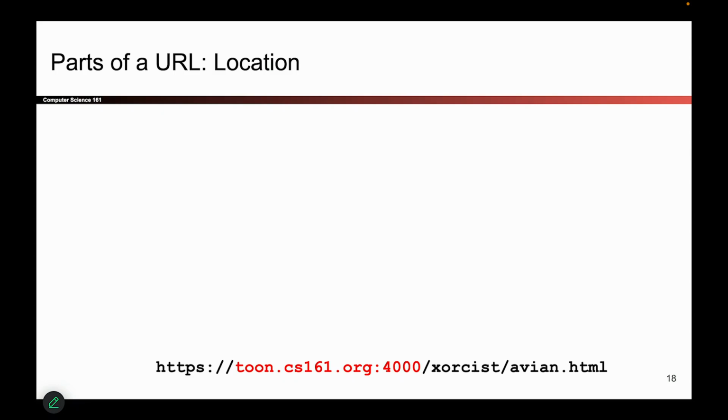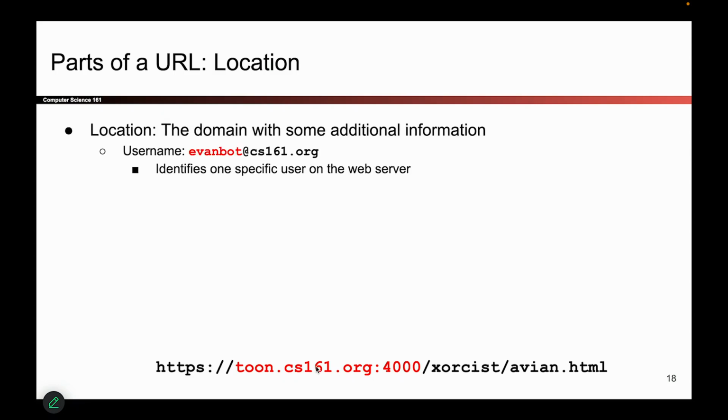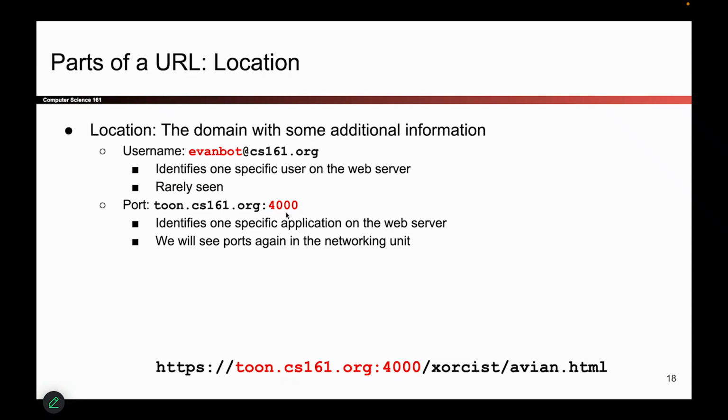Now, sometimes you will see some extra things show up here. So one thing you might see is a username. I don't think I have ever seen the username before, so we're not going to talk about it. But something you will see sometimes is a number that comes after the domain. That's called a port, which we will see again later. But you can think of the port as saying, this machine is actually running two programs, and I want this one, but not that one.